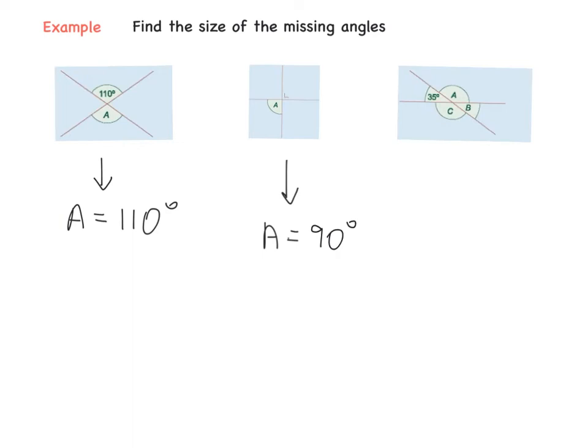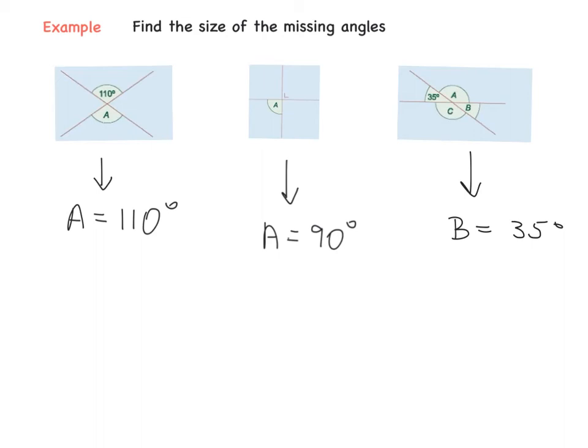And the last one, the only measurement in here is 35 degrees, and the vertically opposite angle for this one is the B one. So B is 35 degrees. But then we need to find A and C.